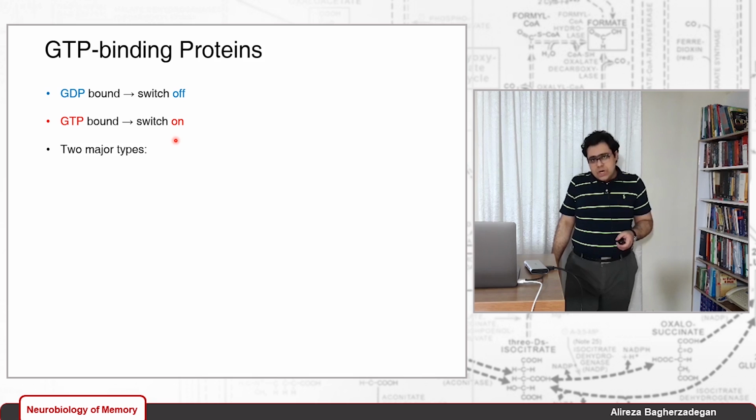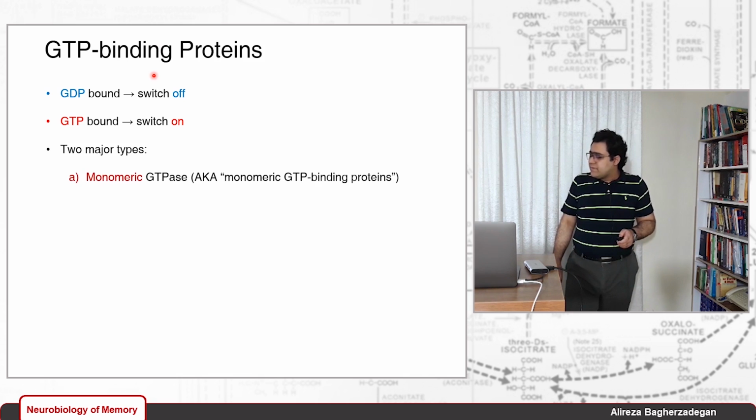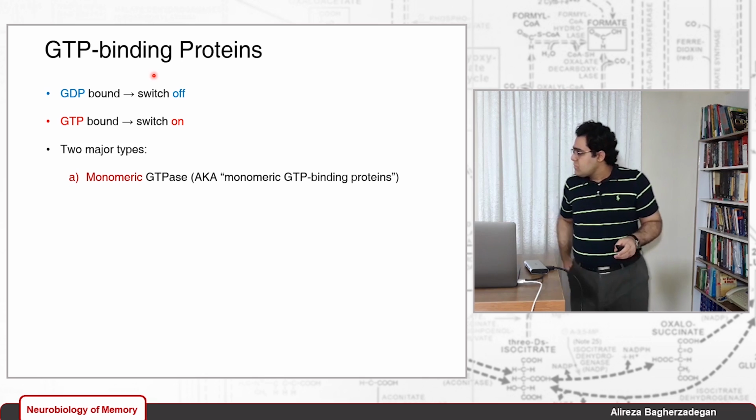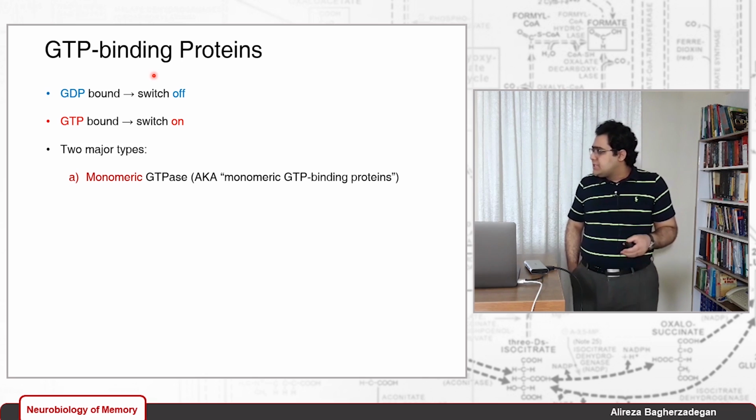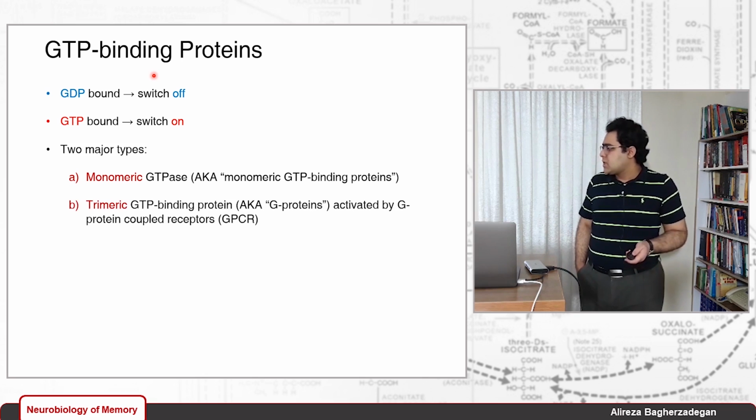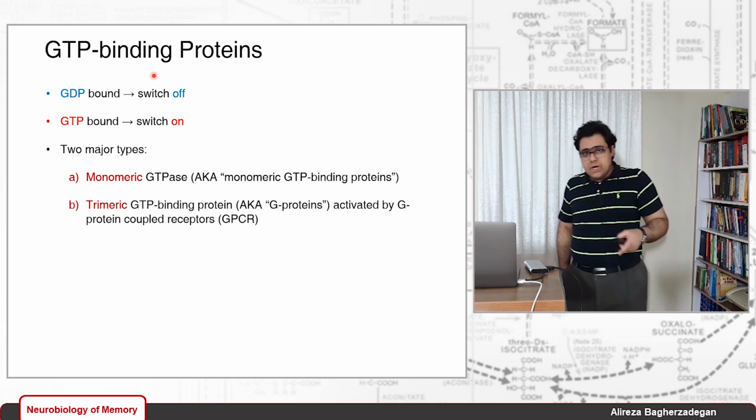There's a large family of G proteins, but there are two major types. The first one is a monomeric one. Monomeric means something composed of one single unit. So a monomeric G protein is just a protein which is composed of one single unit, also known as monomeric GTP-binding proteins. We also have heterotrimeric G proteins.